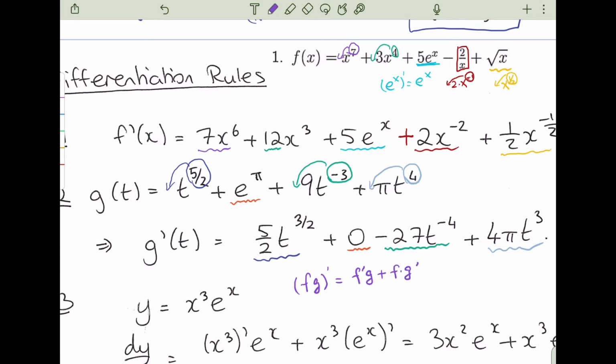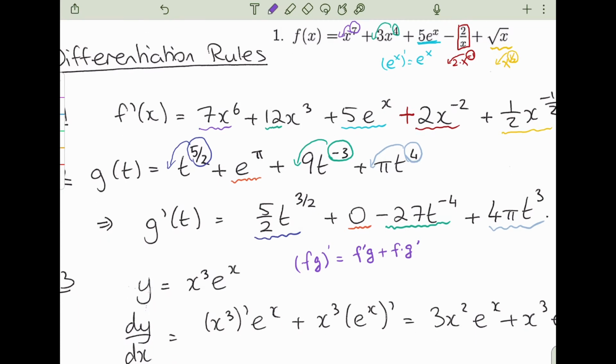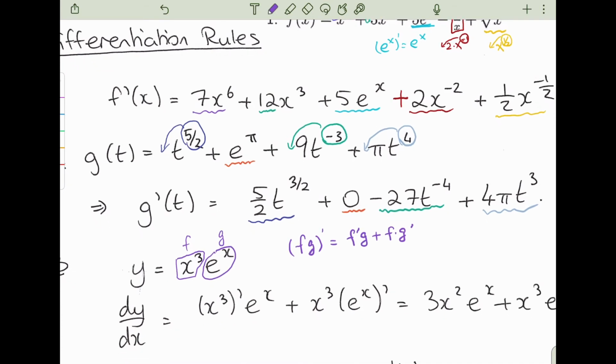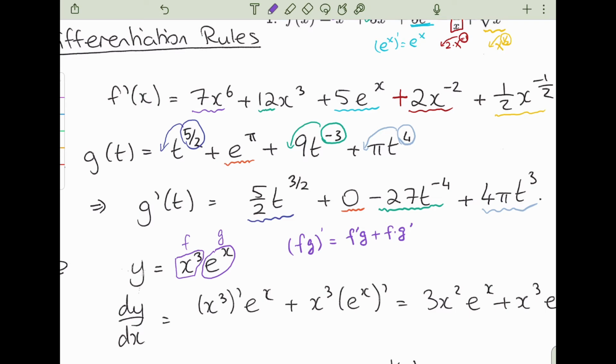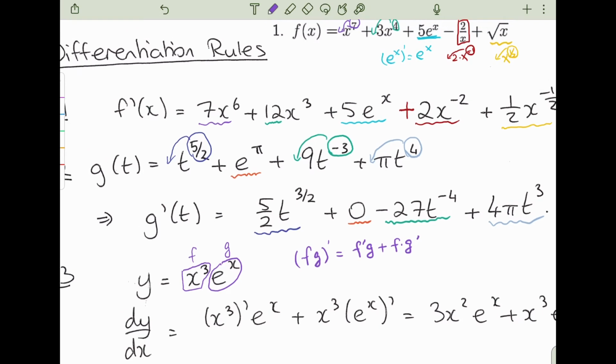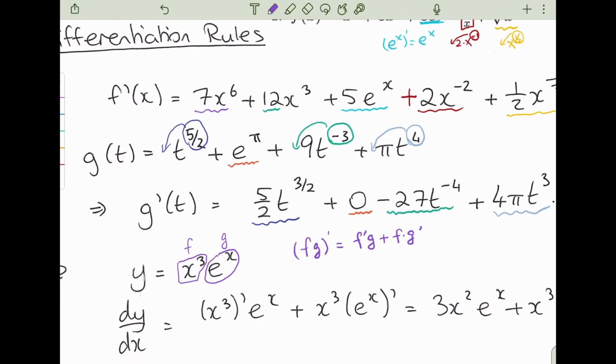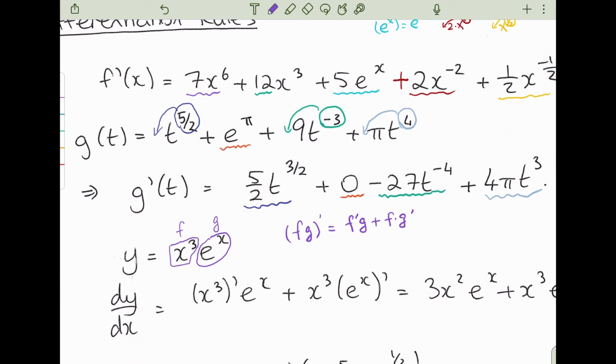Okay, so the function f here is this guy, and the function g here is this guy. By the product rule, we're going to do the derivative of f, which is this one, times g, plus f times the derivative of g.